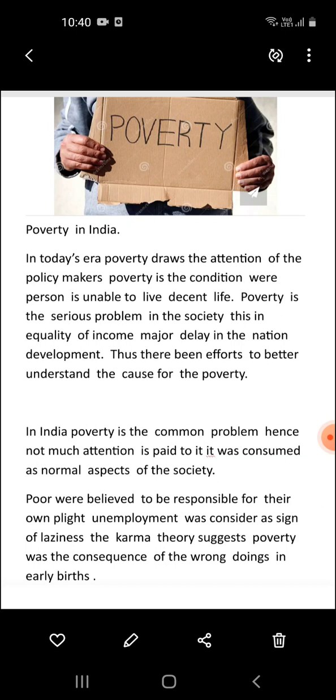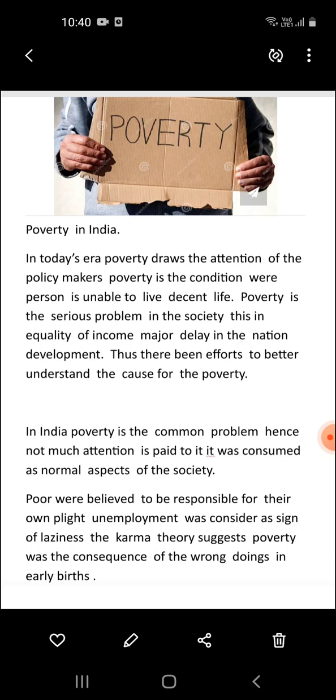This is called inequality in the distribution of income, and it is one of the major drawbacks for the nation's development. But many efforts have been made to better understand the causes of poverty, so that it can be reduced in a better manner, focusing on equal distribution of income as well as the nation's development.